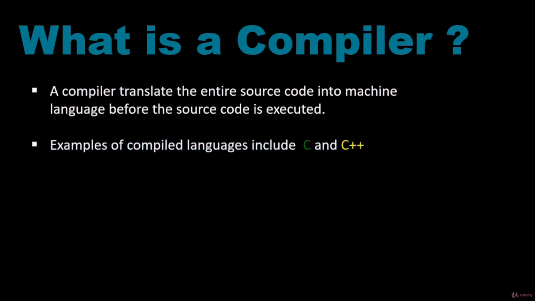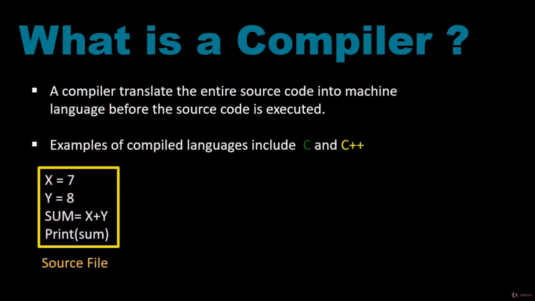So let me illustrate how the compiler works. Let's say you have your source code, and your source code is basically your computer code that you write. So let's say inside the source file, you have this. You've got x equals 7, y equals 8, and then the sum is equal to x plus y. And then you want to print the value of the sum using the print function. Now, the computer will not understand this.